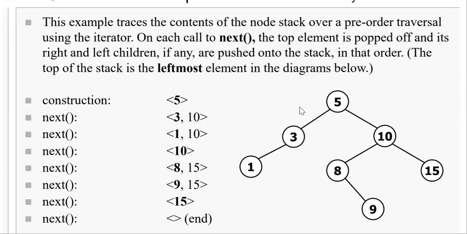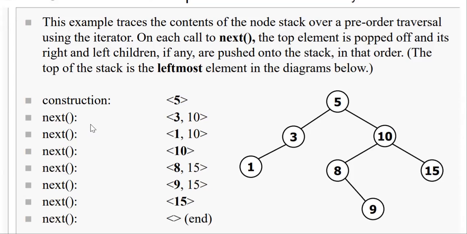In a binary tree, relative to the root node, if a value is less than it, it goes to the left side, and if greater, it goes to the right side. So 3 is less than 5 and 10 is greater than 5; 3 is pushed to the left and 10 to the right.